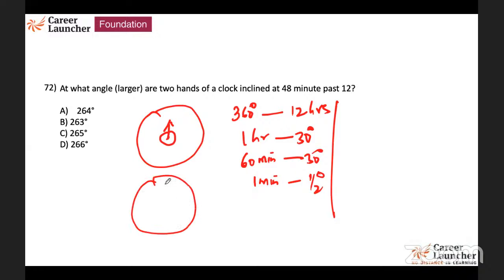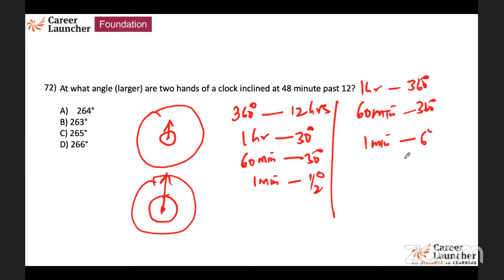Similarly, the minute hand, the bigger one, goes 360 degrees in 1 full hour. Or 60 minutes is 360 degrees. That means 1 minute is 6 degrees, which is what I got. For 48 minutes, at 6 degrees every minute, it goes 288 degrees, because 6 into 48.